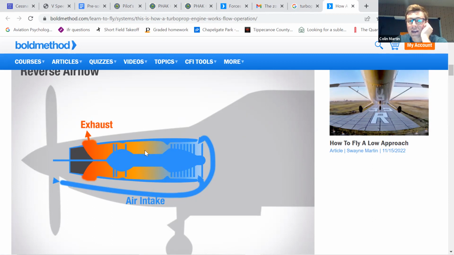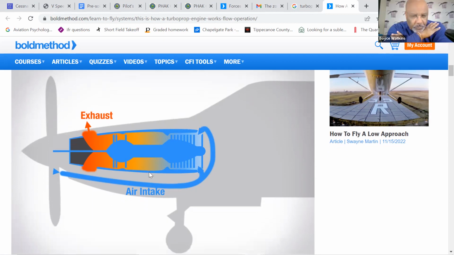Then it gets ignited and goes through another set of fans and then gets blown out through the exhaust. So it's basically like a propeller strapped to a jet compressor.